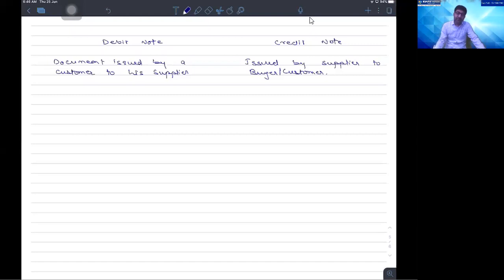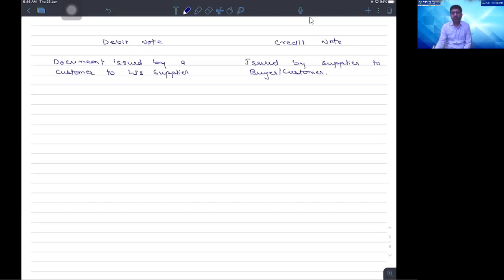But if I am returning the goods to my supplier, if there is a purchase return, or in some cases if there is a kind of rate difference, मुझे मेरे सप्लायर ने एक अमाउंट बताई थी और चार्ज मेरी दूसरी अमाउंट कर दी, so there is a rate difference, or in some cases the supplier had promised me to allow some kind of additional benefit in the form of scheme, in the form of discount.